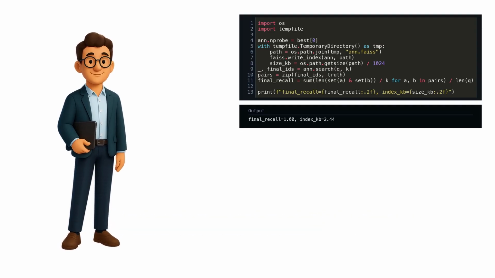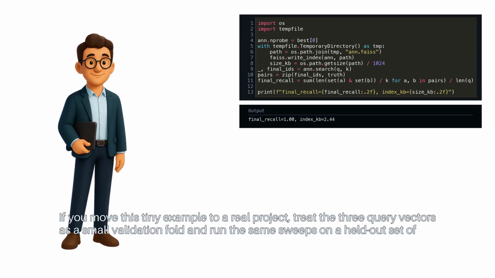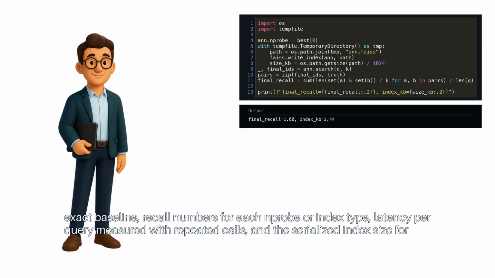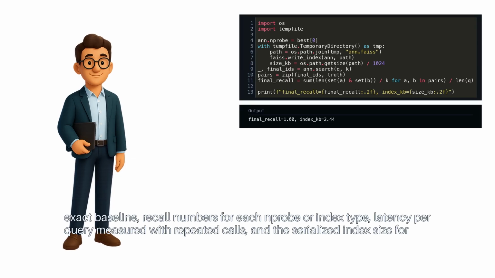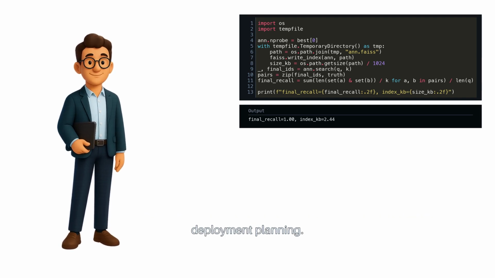If you move this tiny example to a real project, treat the 3 query vectors as a small validation fold, and run the same sweeps on a held-out set of queries. Use the same report: exact baseline, recall numbers for each nprobe or index type, latency per query measured with repeated calls, and the serialized index size for deployment planning.